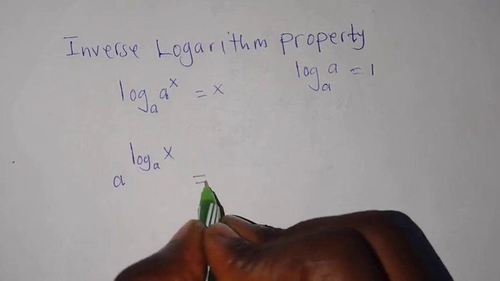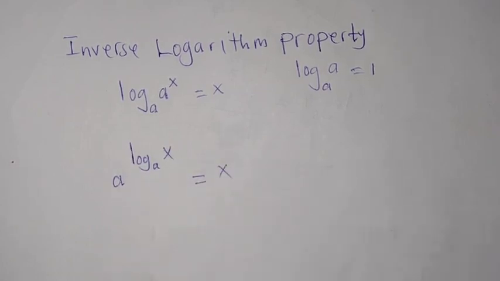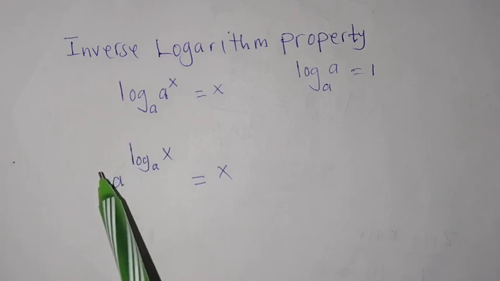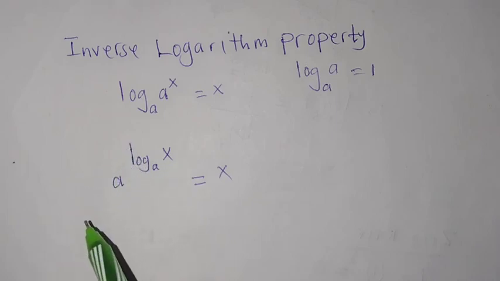So even this one will be equal to x. What we are applying here is just this property of 1 to 1. So we can say that this property shows the inverse relationship between the logarithms and the exponents. That is the relationship that it's showing.